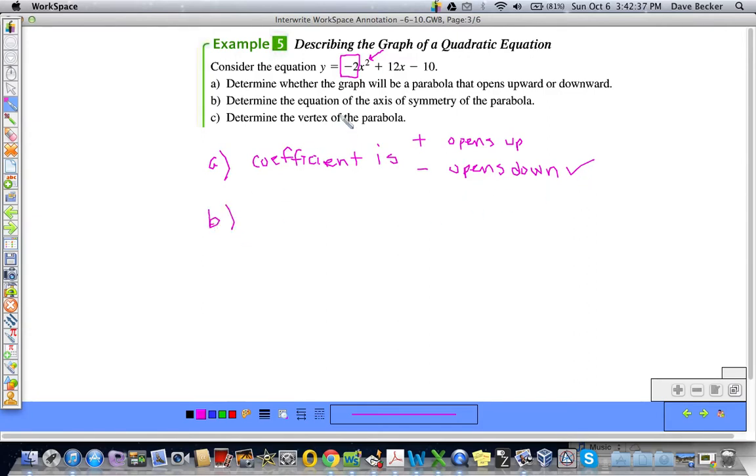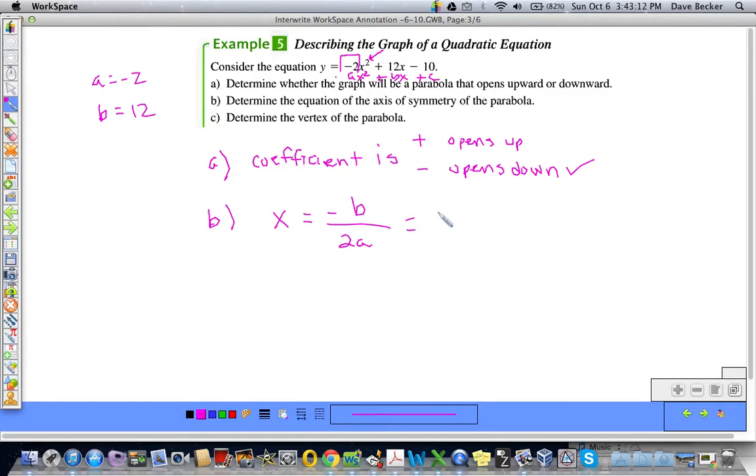B, determine the equation of the axis of symmetry of the parabola. Well, the general form is x equals negative b over 2a. What's my a and my b? My a is -2, the coefficient of my squared term. And my b is 12, because this is of the form ax squared plus bx plus c. a is -2, b is 12, and c is the constant -10, if we happen to need c, which we don't.